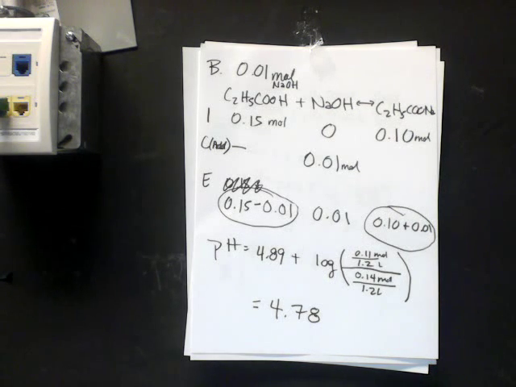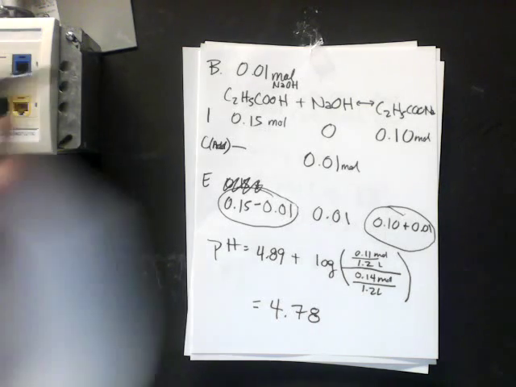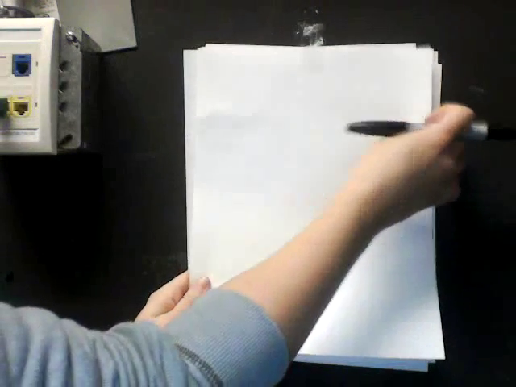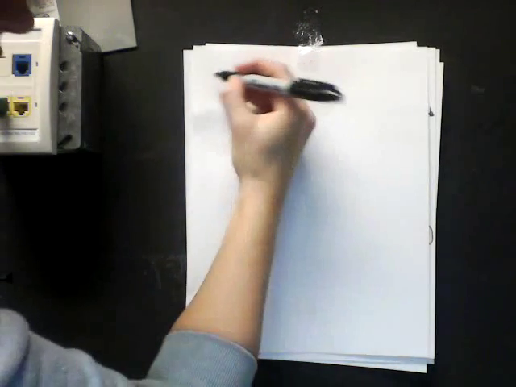So, number 7, we're just going to do one of them, testing the waters, to show how to write the Ksp expression. Write the expression for the solubility product constant, its formal name, for each of the following strong electrolytes. So we're just going to do 7C. If you want more practice, you can do the other ones on your own.